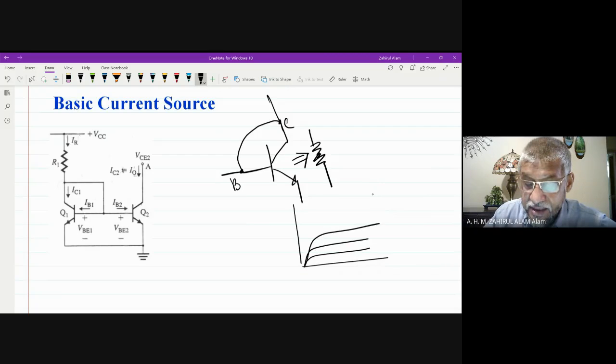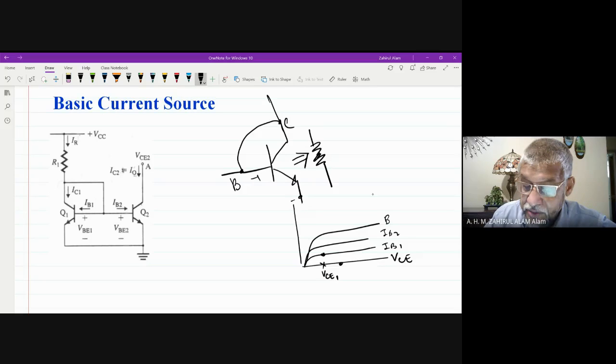This is the characteristic curves, and this is for VCE, and this is IB1, IB2, IB3, and so on. What happens? When VCE1, we have IB1.